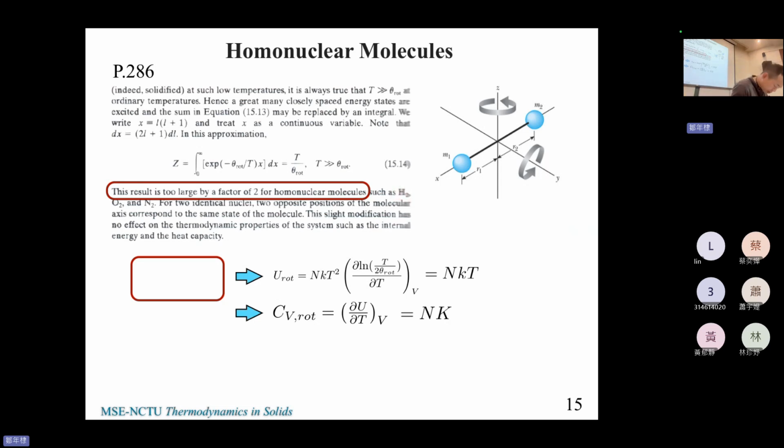I don't know why it's so blurry. Okay, so it said the result is too large by a factor of 2 for homonuclear molecules such as H2.